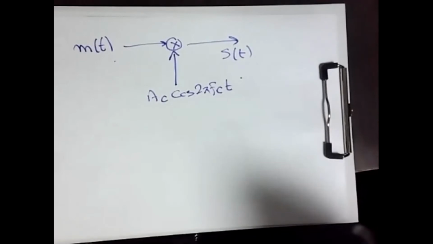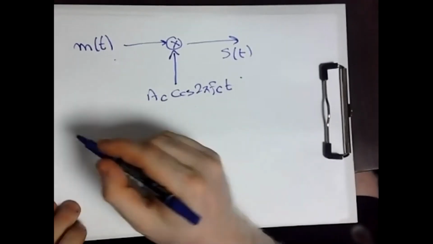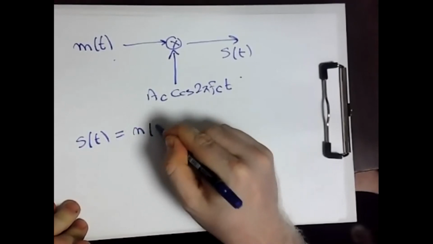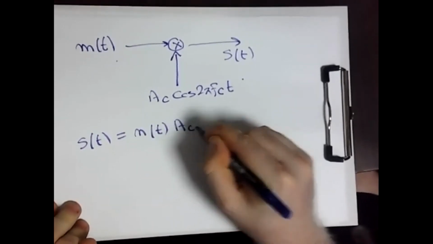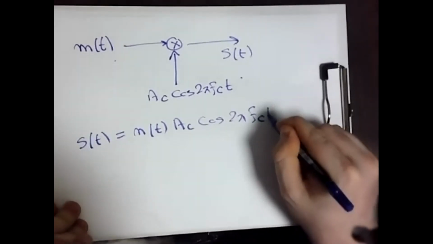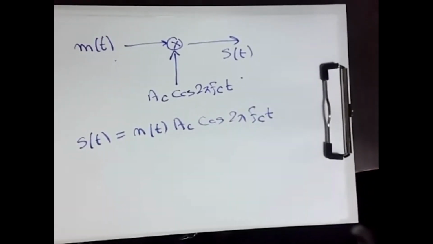Please write a general form for s of t. Very easy. s of t is equal to m of t A_c cosine 2 pi f_c t. It's very easy. But where's the observation? Please consider this.